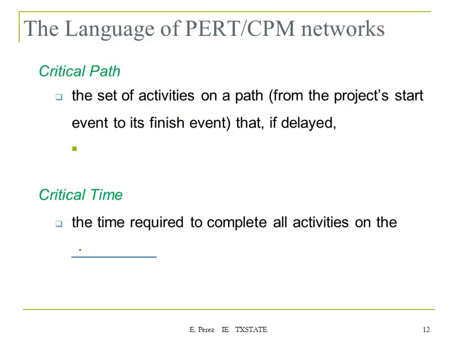Again, a critical path is a set of activities on a path from the project's start event to its finish event that, if delayed, will delay the completion date of the project.